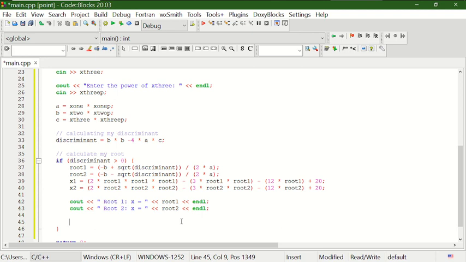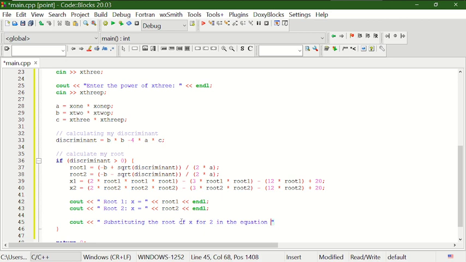So we say cout, substituting the root of x, let's say for 2, in the equation.